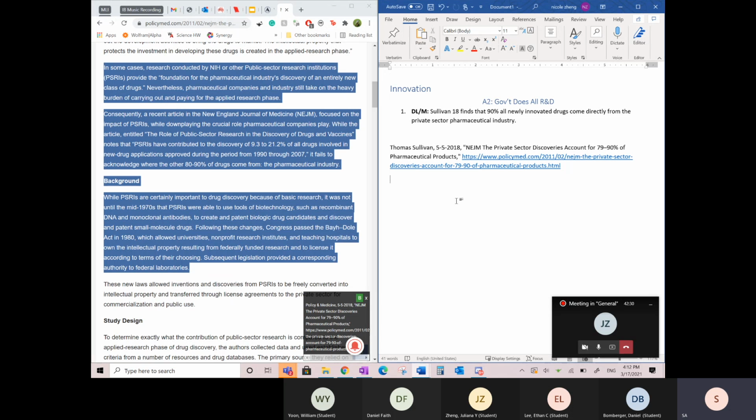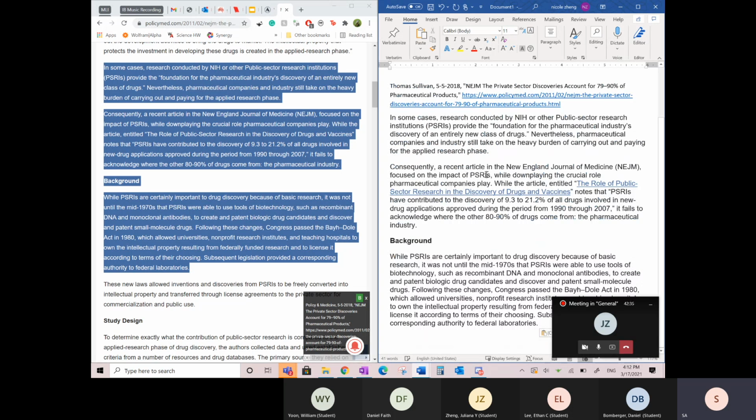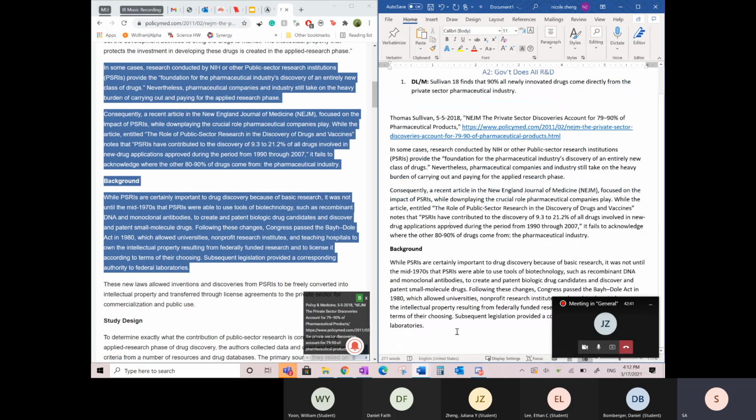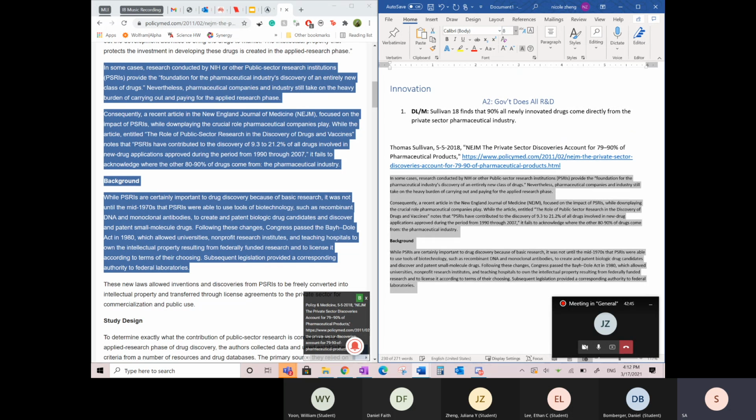Right, so go here. Oh, okay. And then I'm going to make this smaller, like make it 8. And then the part that I said is 90% of drugs come from the pharmaceutical industry.